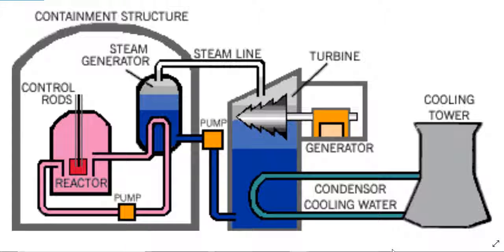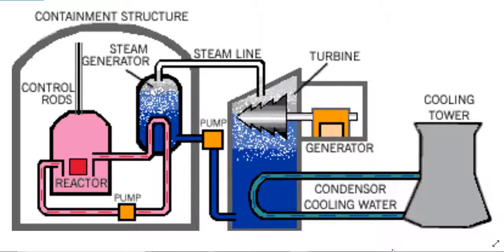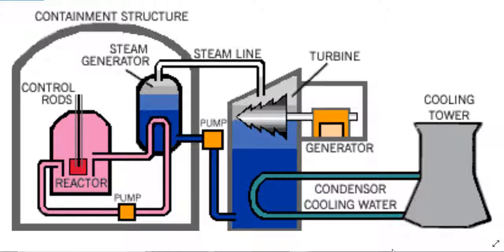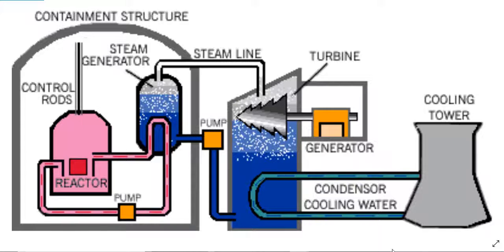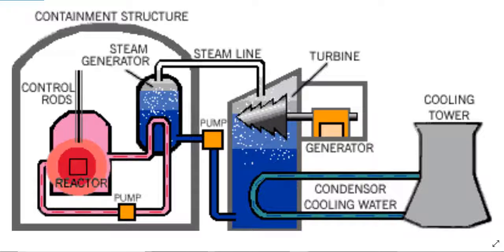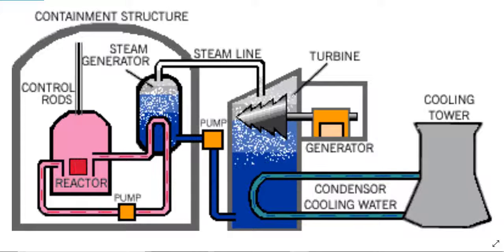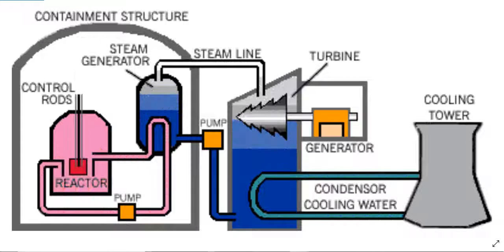The force of the fluid on the blades spins the rotor shaft of a generator. The generator, in turn, converts the mechanical, kinetic, energy of the rotor to electrical energy. Different types of turbines include steam turbines, combustion, gas, turbines, hydroelectric turbines, and wind turbines.